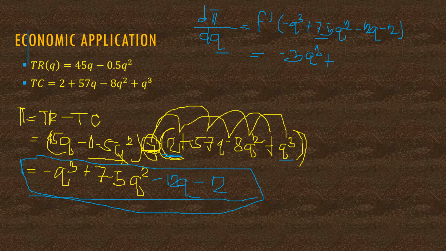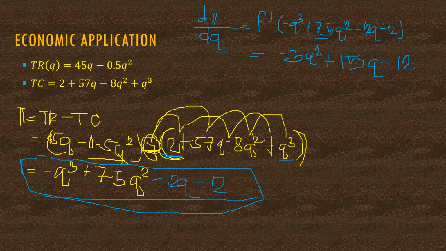That will give you 15, Q, 2 minus 1 is 1, so that is Q. And then 12 here, Q to the first exponent, that is 1 times the 12, so that is automatically minus 12. And then the 2 here, which does not have any variable, will automatically be 0. Here we have the first derivative.